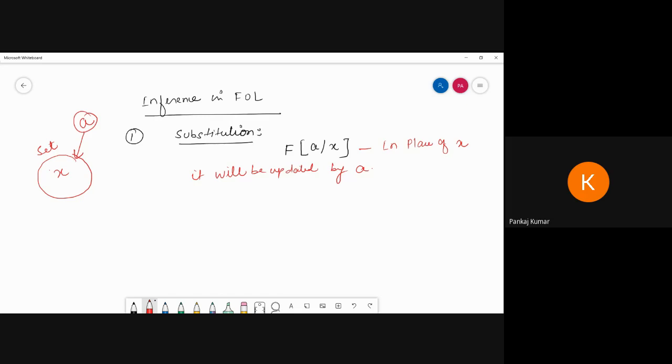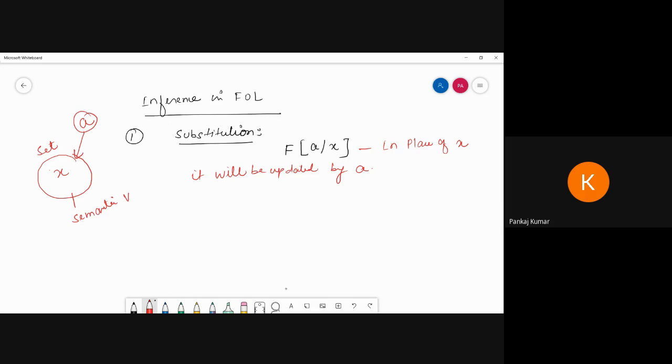That means a large, complex sentence can be replaced with a constant name like A, B, C, D. That is called the substitution value. I'm talking about the semantic meaning.